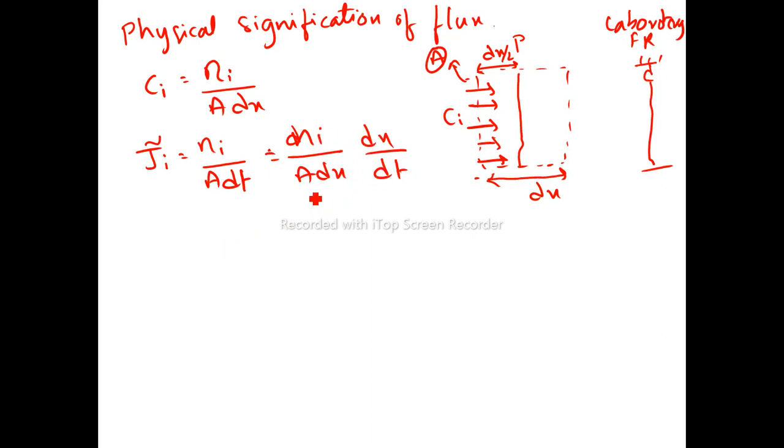Then we can write this as Ci and this as velocity, distance divided by time taken, from this equation 1.